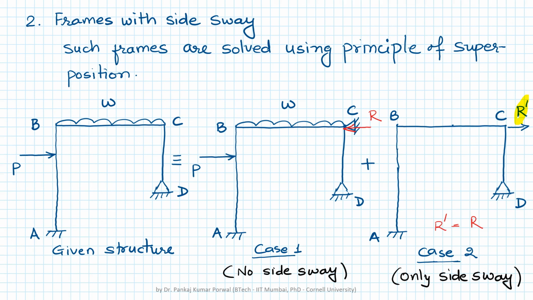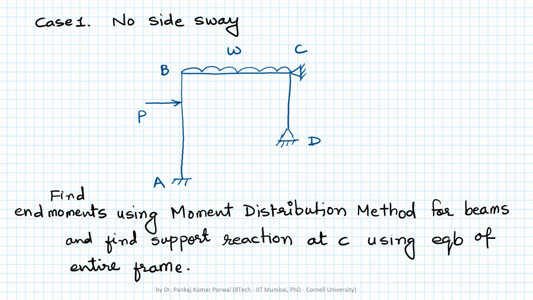Now to solve case 1 and case 2, case 1, because there is no side sway, the case 1 can be solved the way we solve beams, and we can find end moments and we can also find end shears, and using those end moments and end shears we can draw free body diagram of entire frame and find support reaction R at support C.